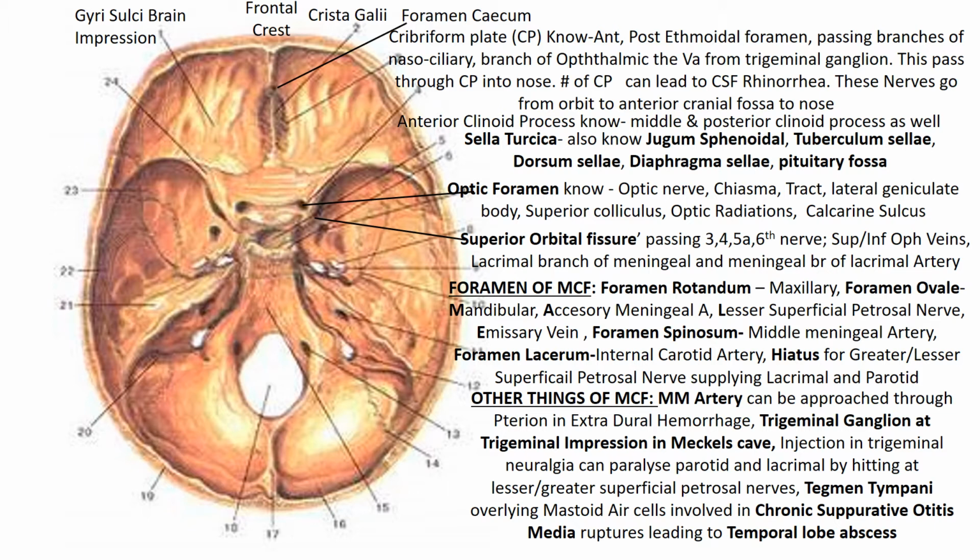Now, the middle meningeal artery can be approached through the pterion in an extradural hemorrhage, and the bleeding can be stopped. Trigeminal ganglion lies in the trigeminal impression in the Meckel's cave.